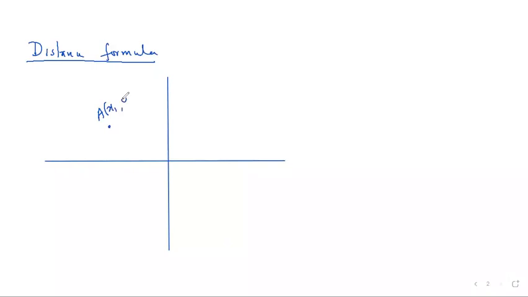Mark this x1, y1. Mark here B x2, y2. How to find this distance? What will be the distance between AB? What will be the length AB?